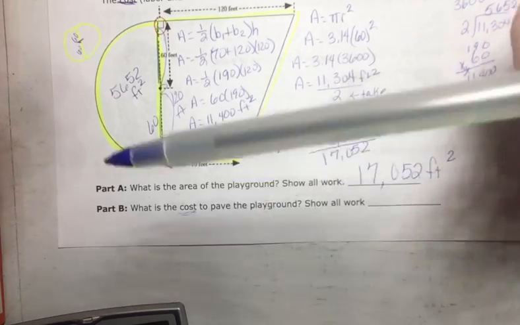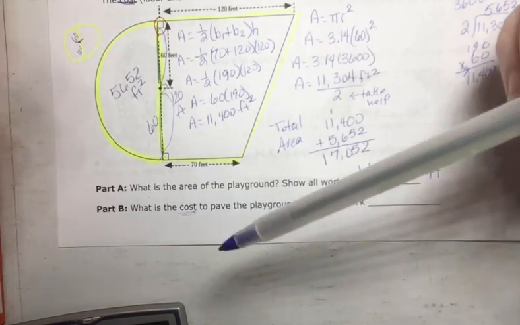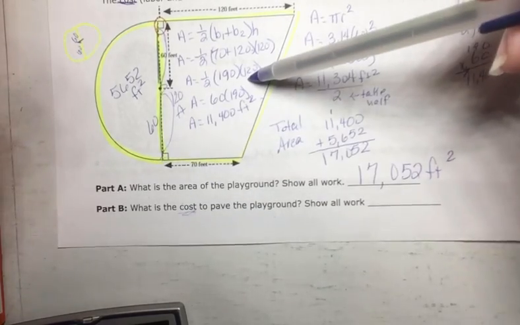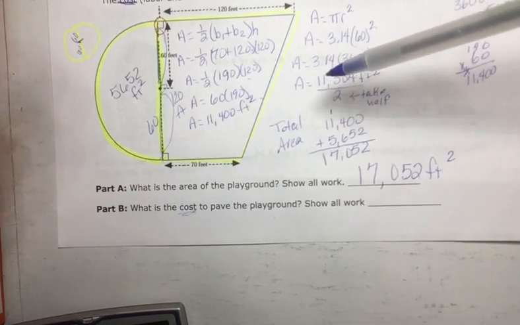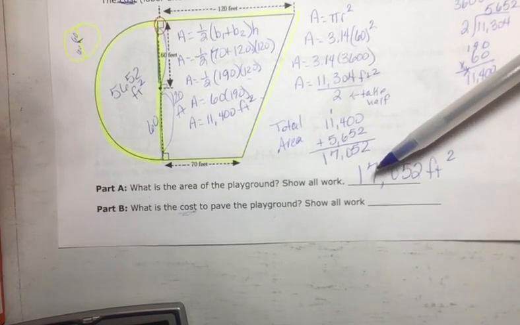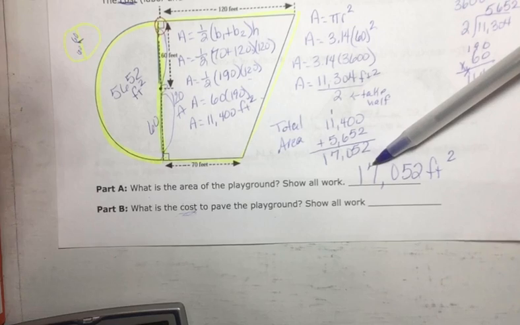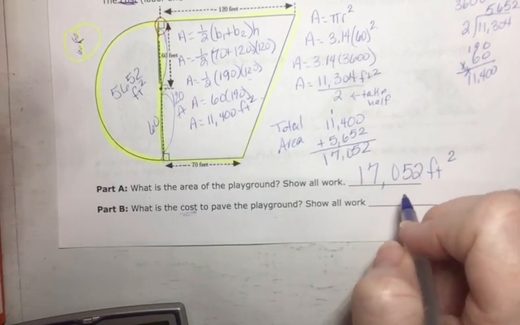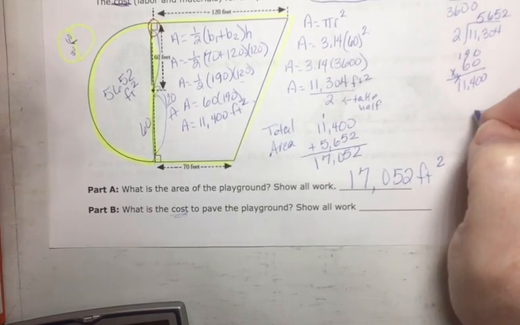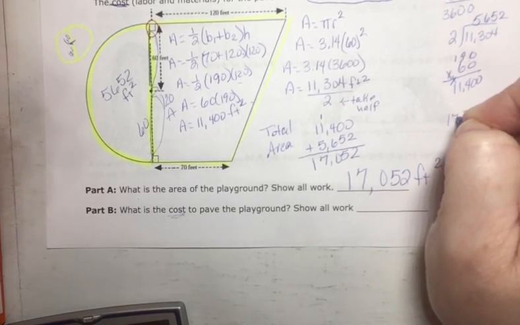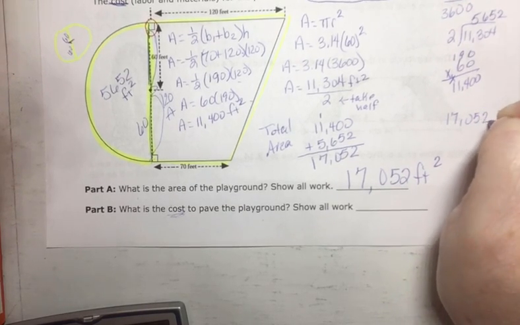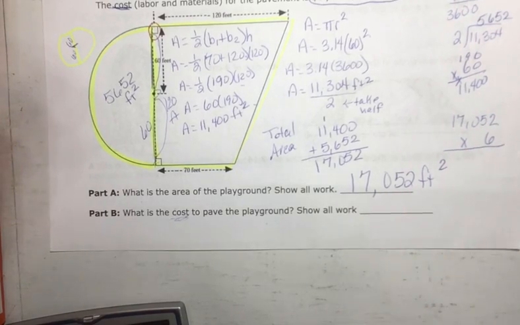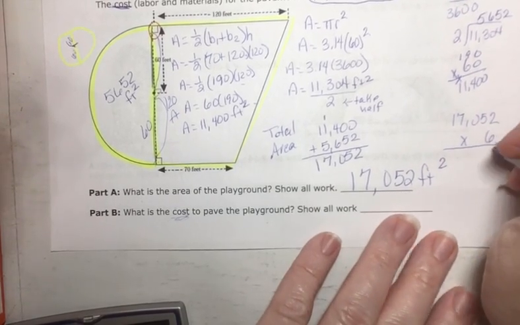So that's $6 for the first square foot, $6 for the second square foot, $6 for the third square foot, $6 for the fourth square foot. So $6 is going to repeat a whole bunch of times. That $6 is going to repeat 17,052 times. Holy cow, that's a lot. So to get the answer to this, we're going to have to say 17,052 square feet times $6 per square foot.